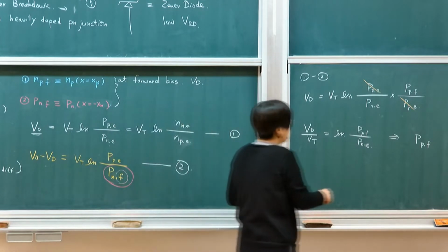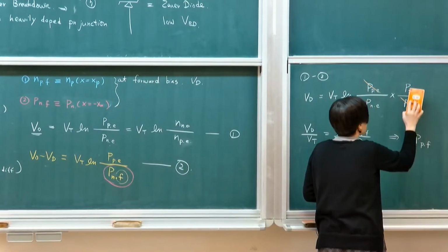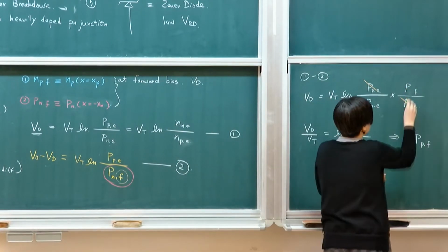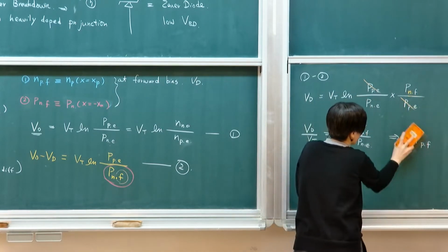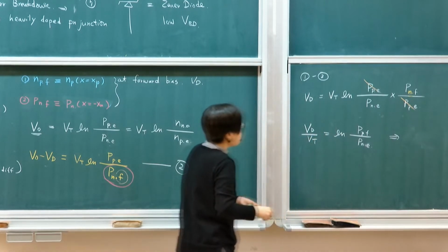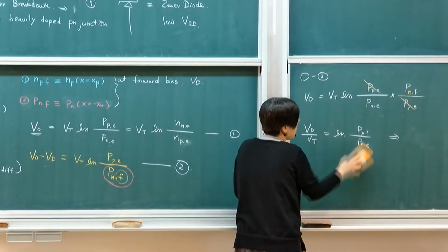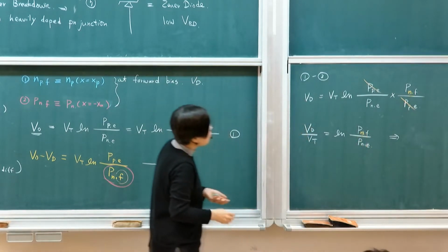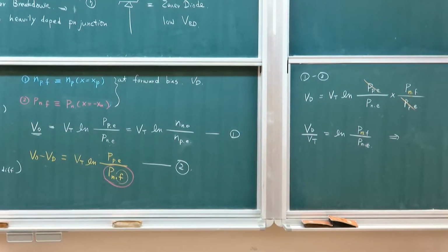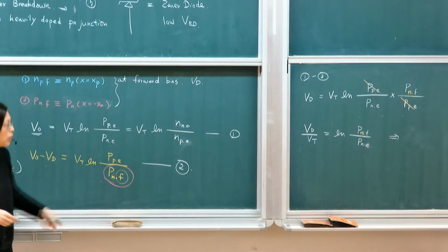So this is PNF. I'm looking at minority. Okay? So let me write it down. What I'm actually trying to find is PNF. It's not PP, sorry. Just making sure that I didn't make other mistakes. And it should be minority carrier, okay?